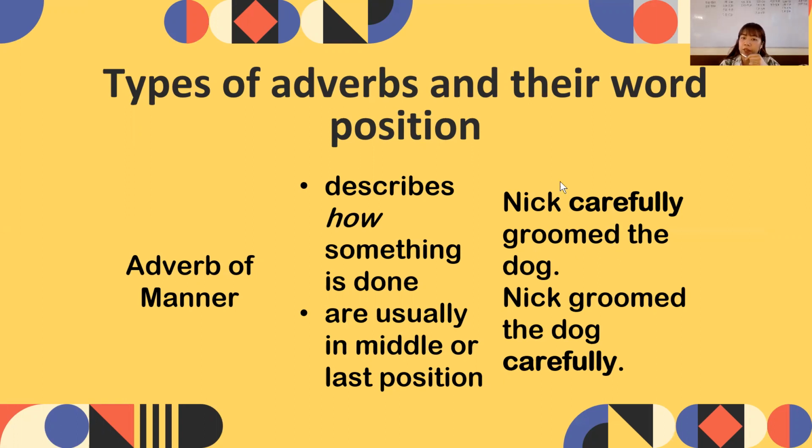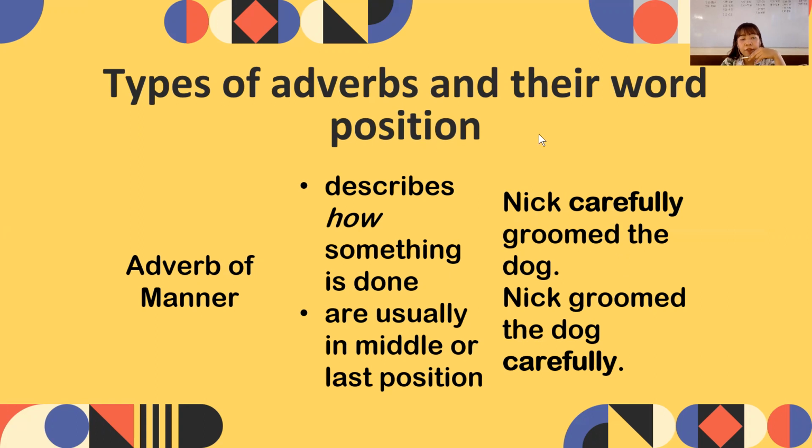Another example: the ballerina gracefully danced in the stage. How did the ballerina dance in the stage? Gracefully. That is the adverb of manner, and its word position is between the subject and the verb.